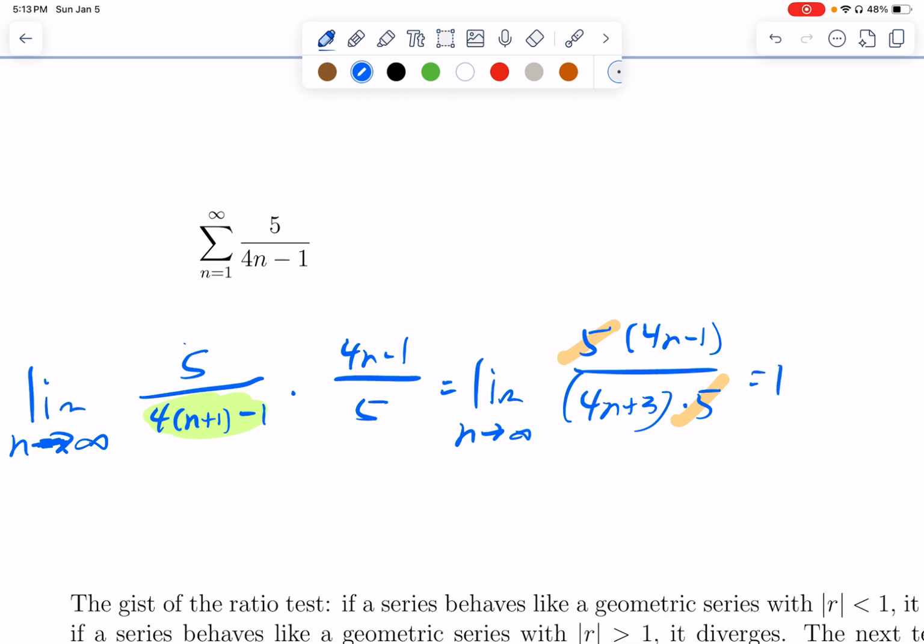This ratio is 1. So what that means is the ratio test is inconclusive. If the limit of that ratio is 1, then just from that information, we can't give an answer.